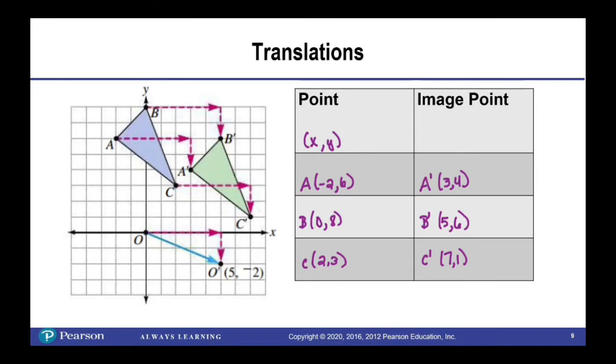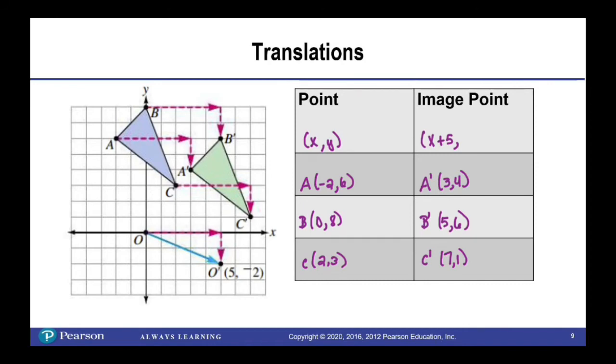So I want to think about that in terms of x and y. Notice that -2 plus 5 is 3. That's that right 5. 0 plus 5 is 5. 2 plus 5 is 7. So I'm looking at the x coordinates, and I added 5 to each of those x coordinates. Now let's look at the y coordinates.